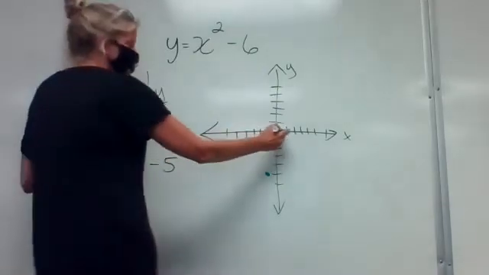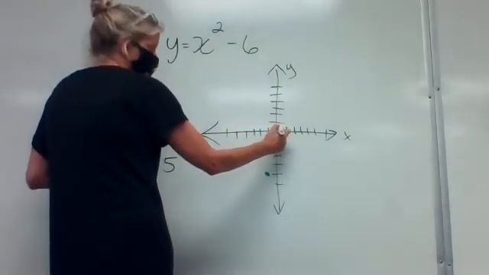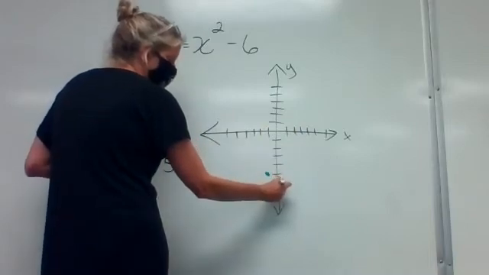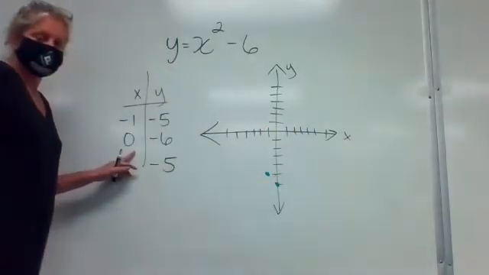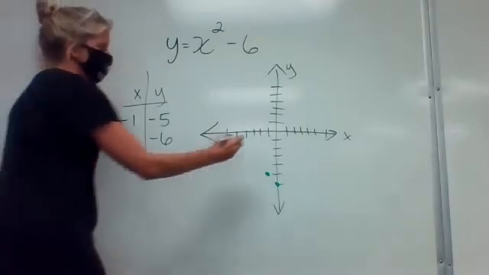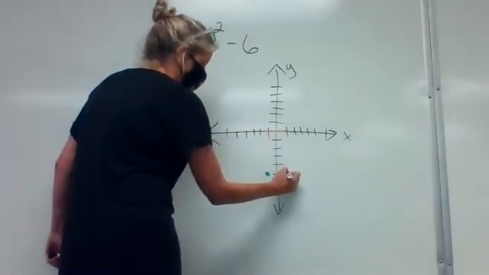So my x is 0, so I don't go left or right at all. Since my y is -6, I'll go down 6. And then +1, -5. So to the right 1 and down 5.